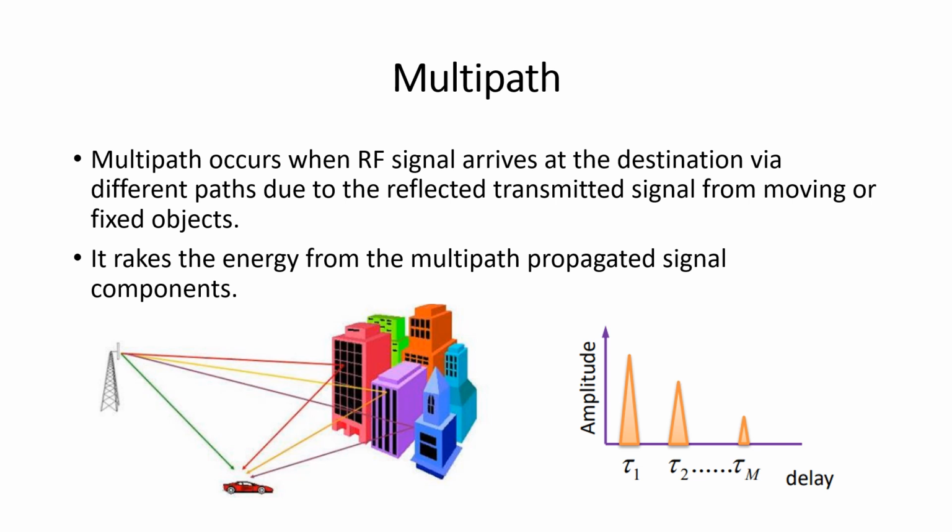Obviously at tau 1 we will have this peak, and at tau 2 this peak is for your second multipath component. Similarly up to m, if we consider that we have m multipath components, then this peak represents the maximum amount of signal received at tau m delay.